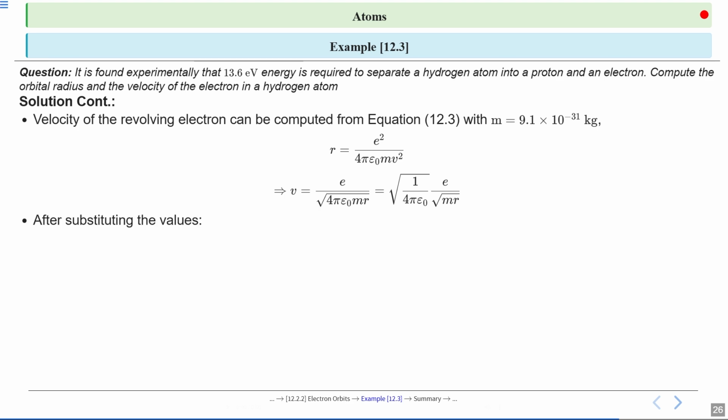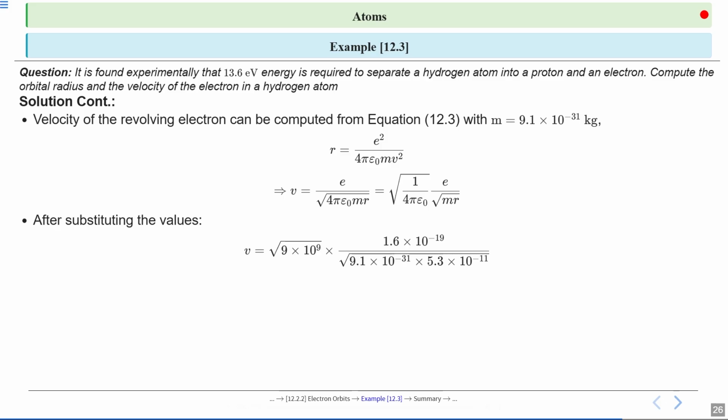Now, after substituting the actual values into the formula, we use the known constant for each variable. So v equals the square root of 1 by 4 pi epsilon naught, which is 9 times 10 to the power 9, multiplied by e, which is 1.6 times 10 to the power minus 19, upon the square root of m r. So m is 9.1 times 10 to the power minus 31, multiplied by r.